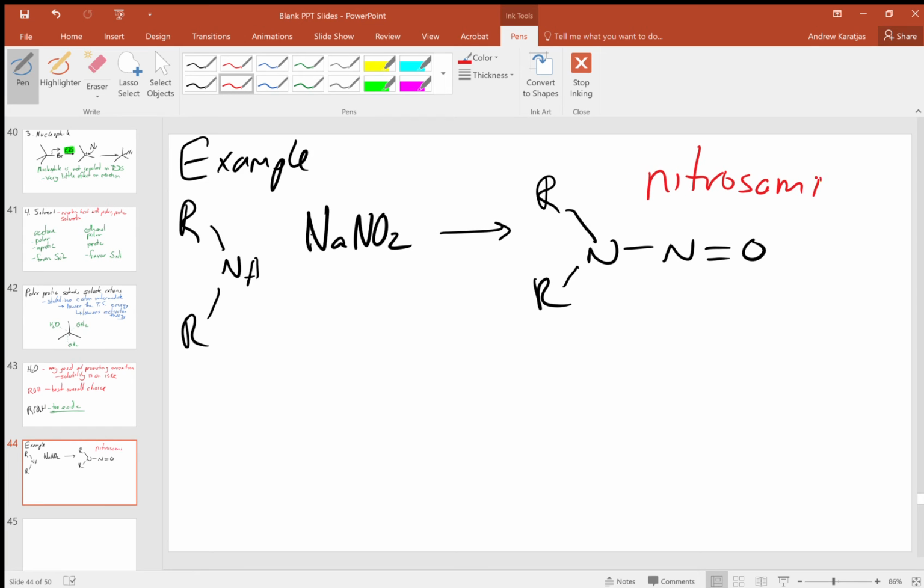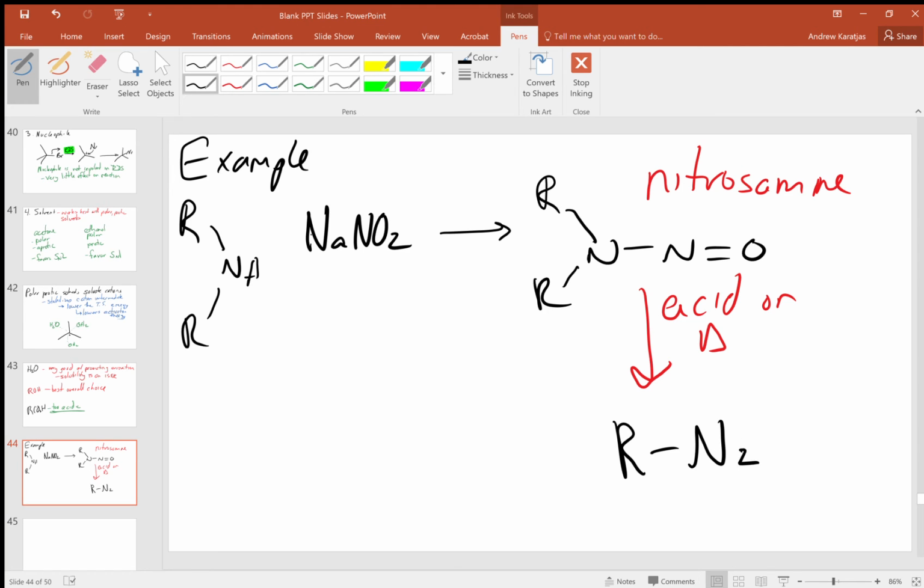This is known as a nitrosamine. If you take a nitrosamine and add either acid or heat to it, you'll get what's known as a diazonium ion.